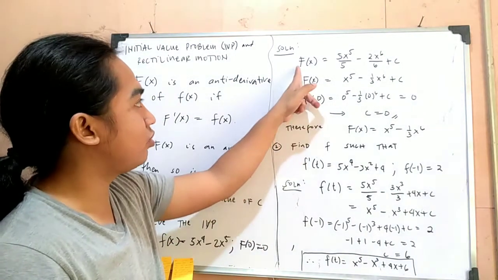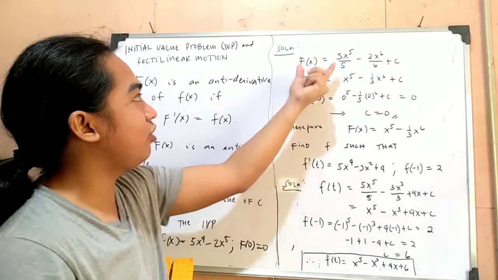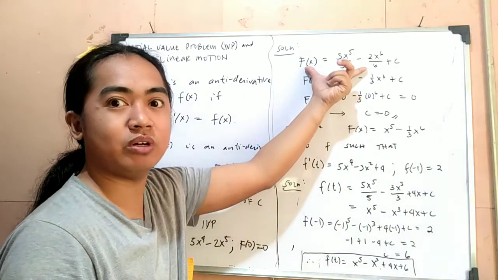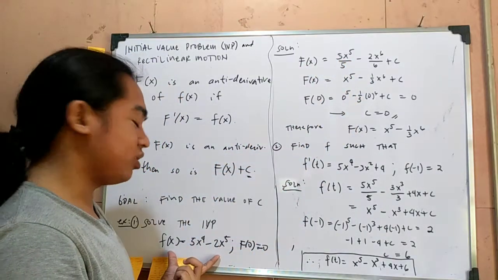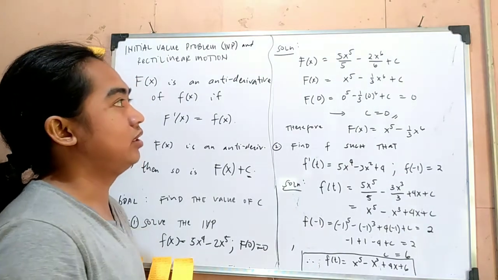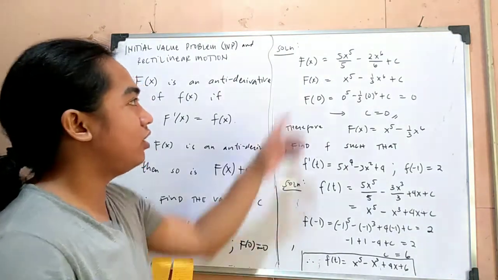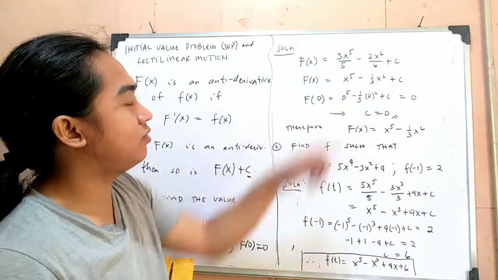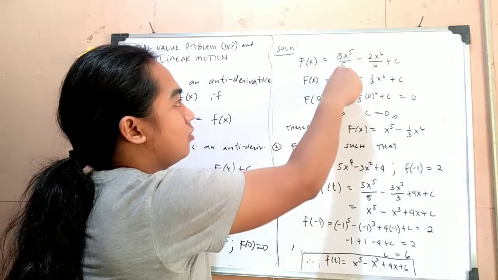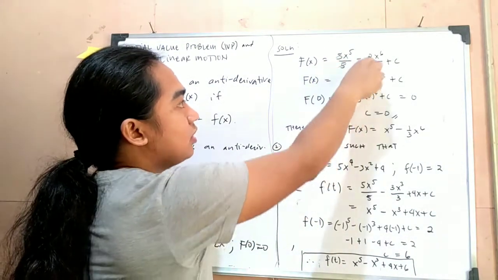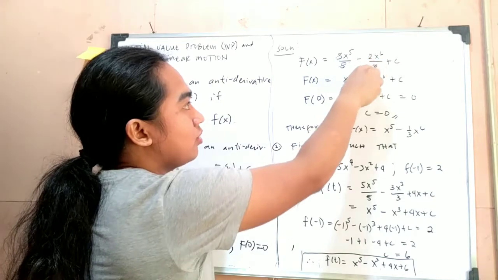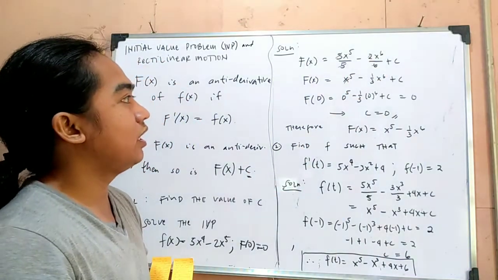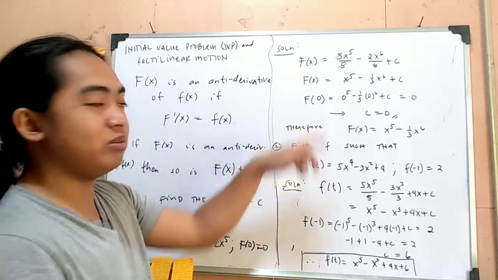Again, to double check kung ito yung solution, i-take niyo yung derivative ng capital F of x na nakuha ninyo. Dapat maka-return siya dito sa small letter f of x. Okay? And now, ayusin lang natin, cancel yung 5. Cancel yung 5, then cancelin lang yung 2, kaya naging 1/3. And lastly, pasok lang natin yung initial condition.